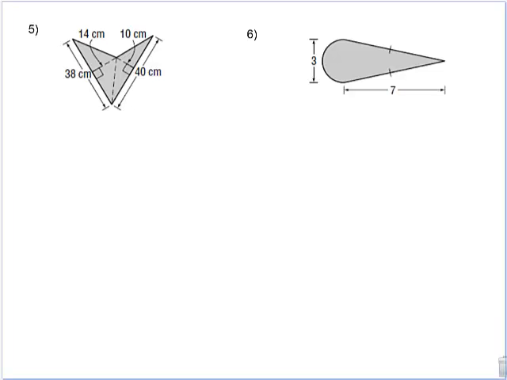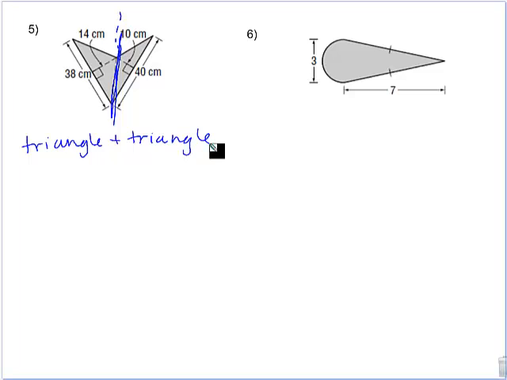All right, what does this look like it's a combination of? Okay, 2 triangles. How would we be able to split these triangles apart? Right down here. Split them up into their 2 different triangles. So we will then have to take the triangle and add on the other triangle.